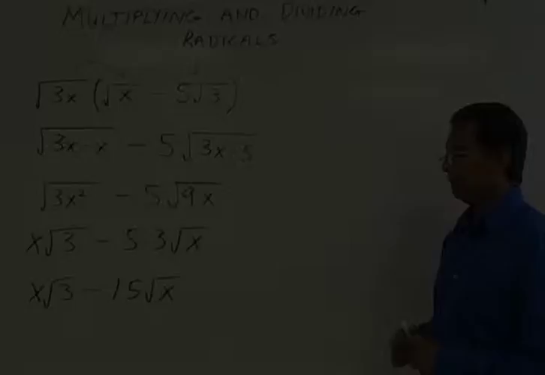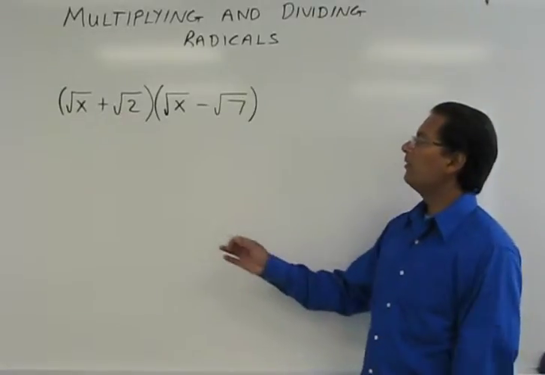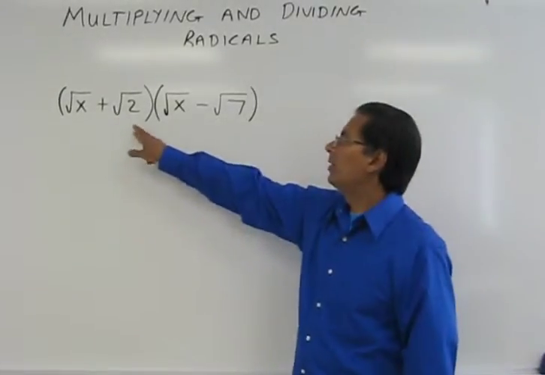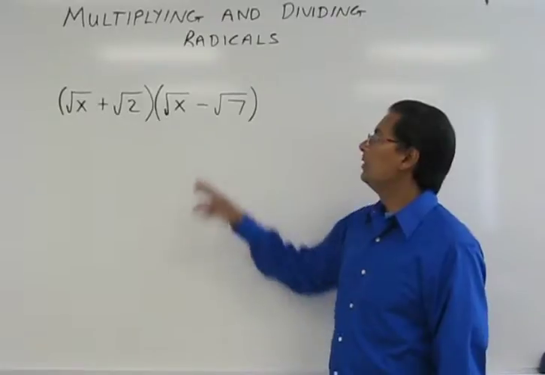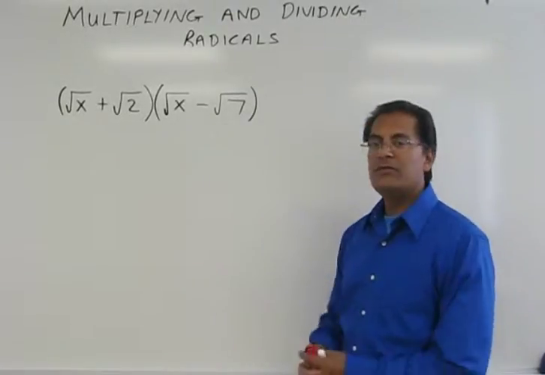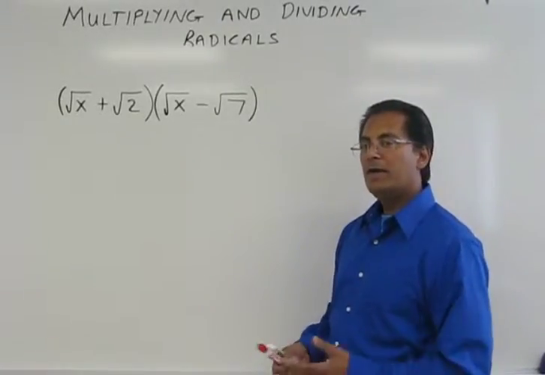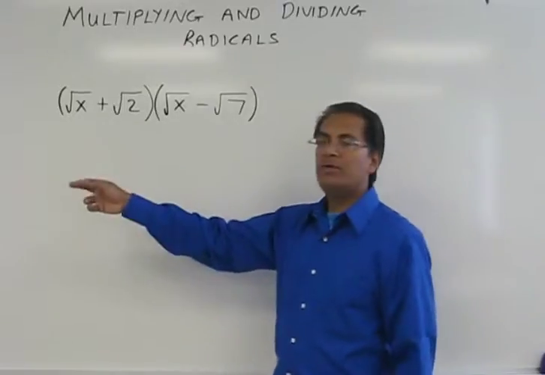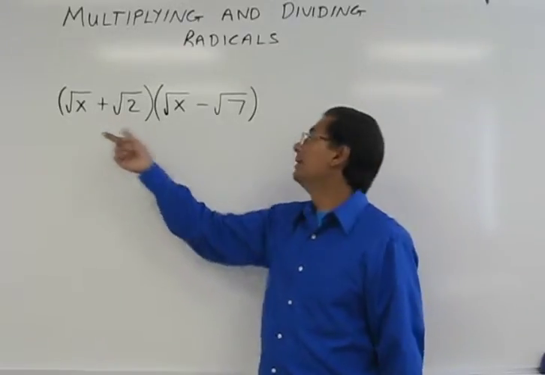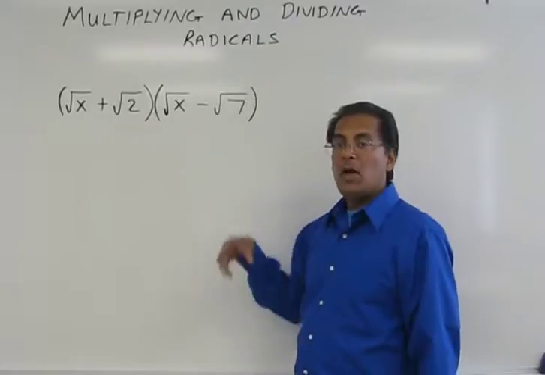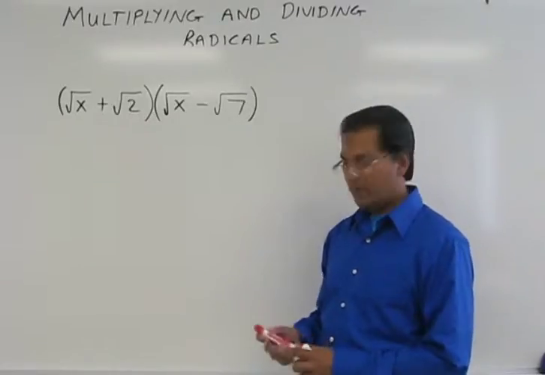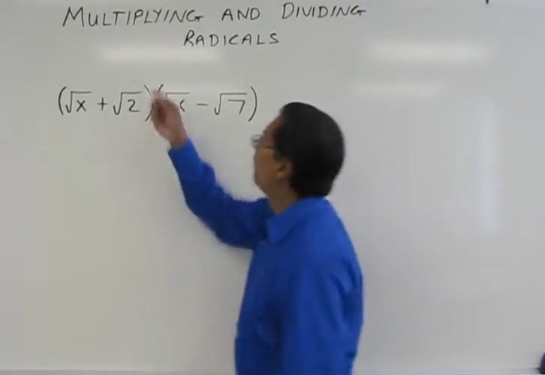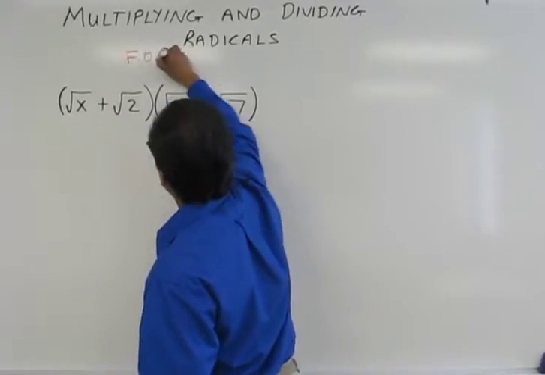Let's do another one. Here in this problem, we're asked to multiply root x plus root 2 times root x minus root 7. Now, you may recognize that we have two binomials here, 2 terms and 2 terms. So we will use the distributive property to multiply, but we use the method called FOIL.